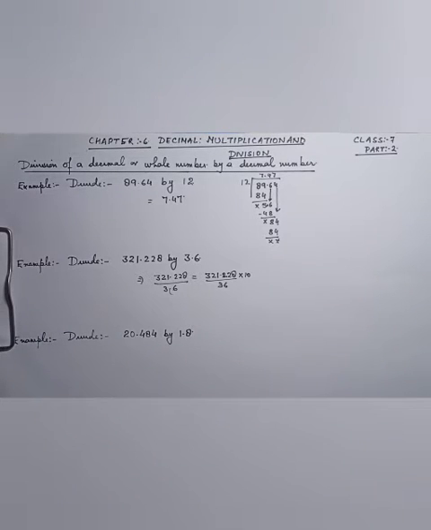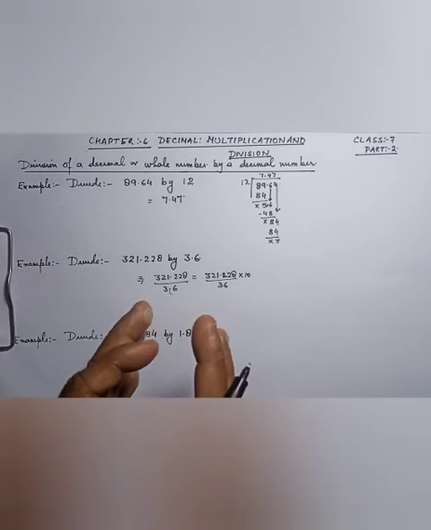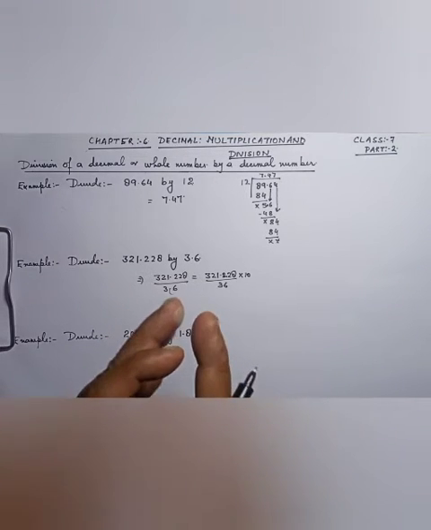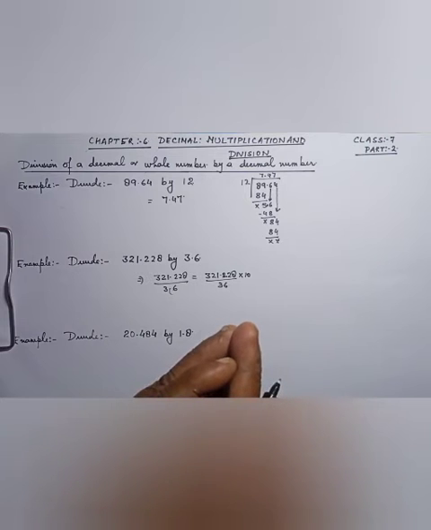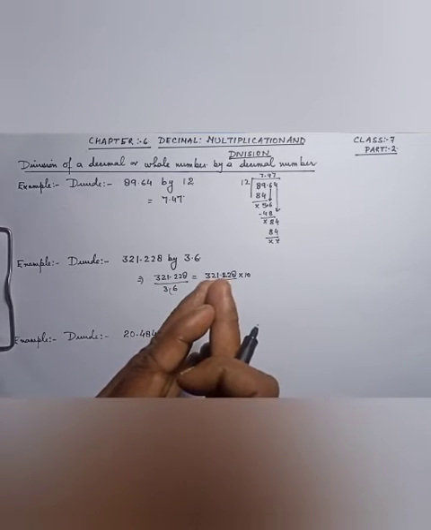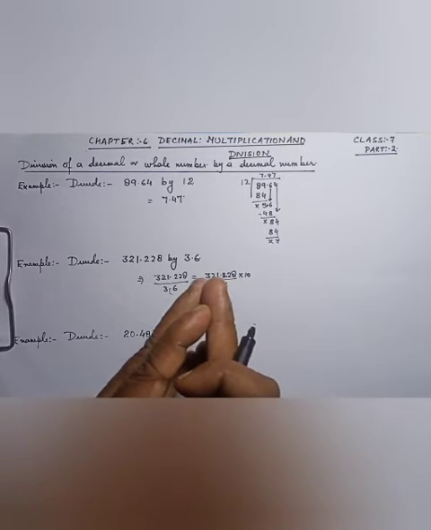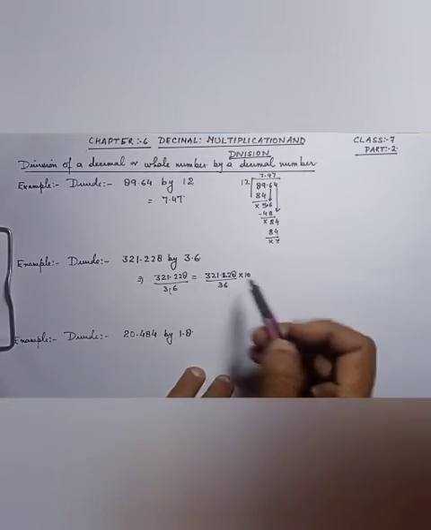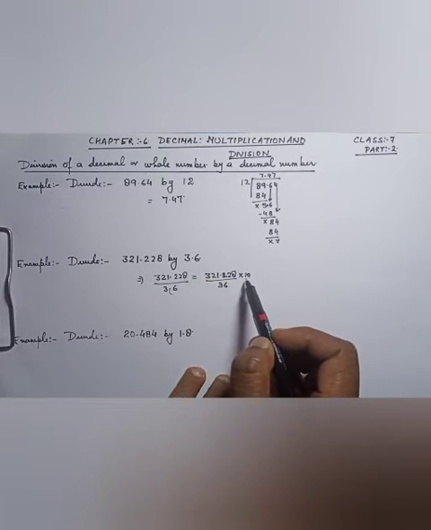While explaining the chapter, I explained how to multiply a decimal number by a power of 10. You only have to see the number of zeros, and after seeing the number of zeros you have to shift the decimal place towards the right according to the number of zeros. So over here this decimal is being multiplied by 10.